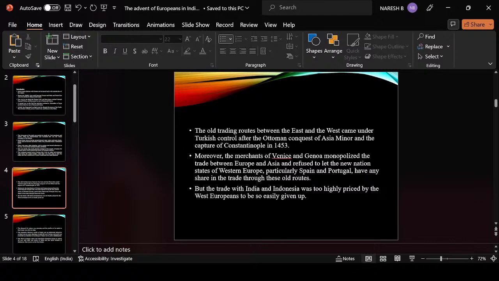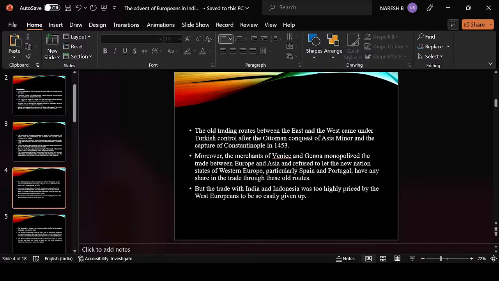So the old trading routes between the east and the west came under the Turkish control after the fall of Constantinople in 1453. We could see how the Ottoman Turks controlled the trade after capturing the Byzantine Empire.